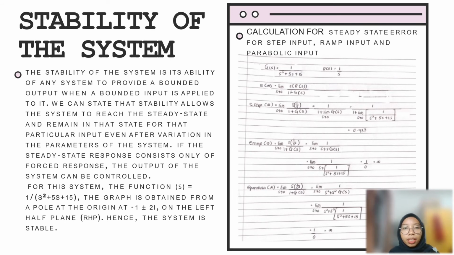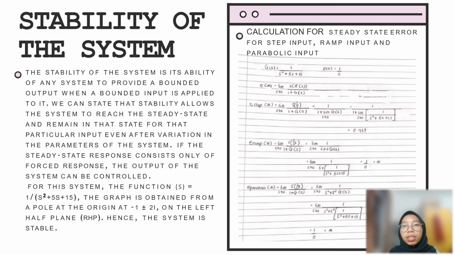If the steady state response consists only of forced response, the output of the system can be controlled. For this system, we use the function 1 over s squared plus 5s plus 15. The graph that we obtain shows the poles at negative 1 plus minus 2 on the left half plane, LHP. Hence, the system is stable.